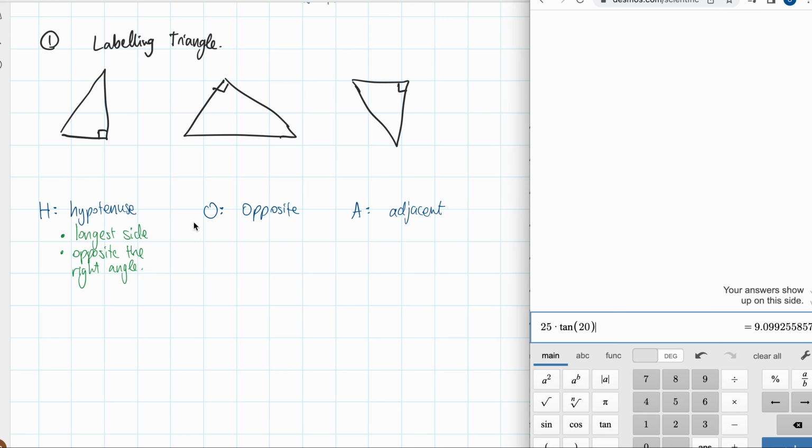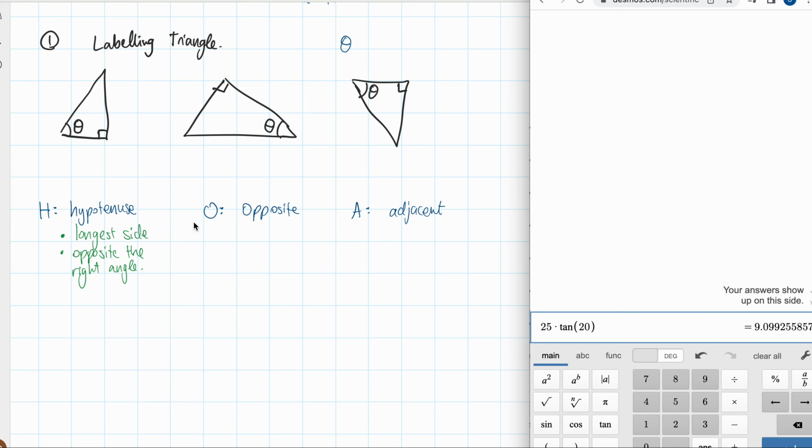So what I want you to do now is add these symbols here. Now, I'm going to write up here this symbol again.